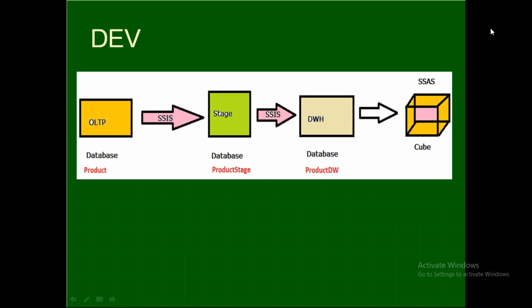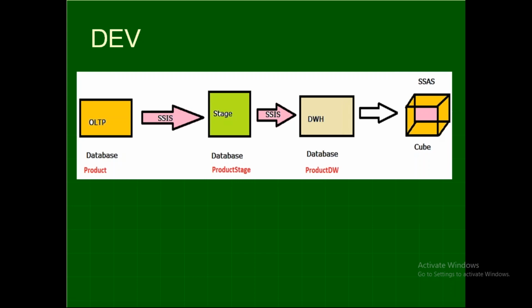But what is the customer going to give you? The customer is going to give only the OLTP database. Using that, we have to create the data warehouse database. Once you create a data warehouse database, you should be able to create a cube and perform multi-dimensional analysis out of that.